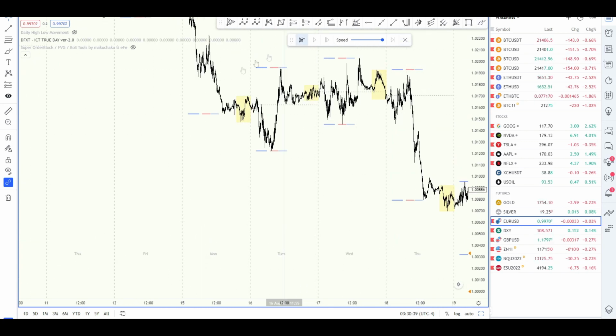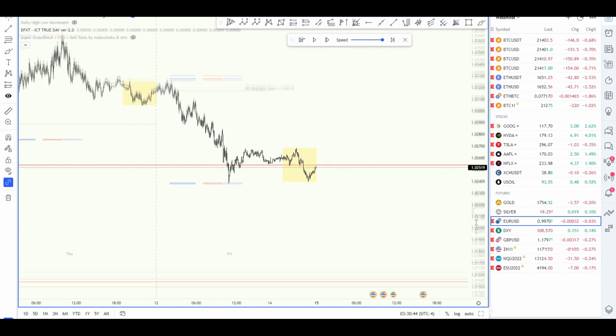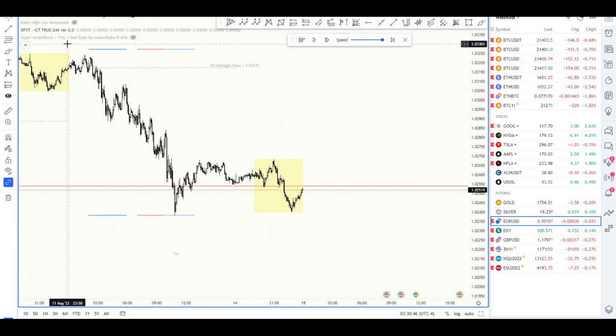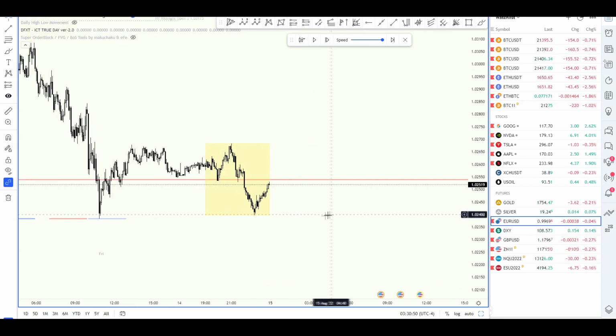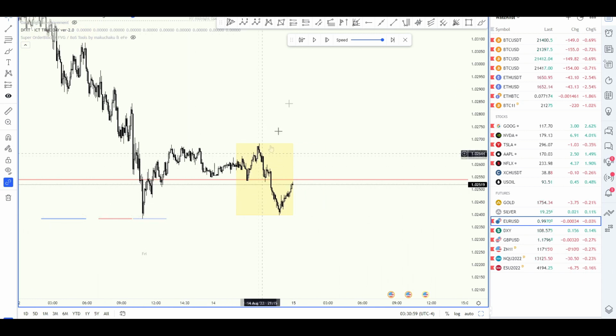So what we could do is go back to this time, and I have a few indicators which will help you to follow my video, my backtesting. First of all, what we have is the indicator to show me the Asian session and the London session. So this yellow box is the Asia session, and this blue line is the London session.